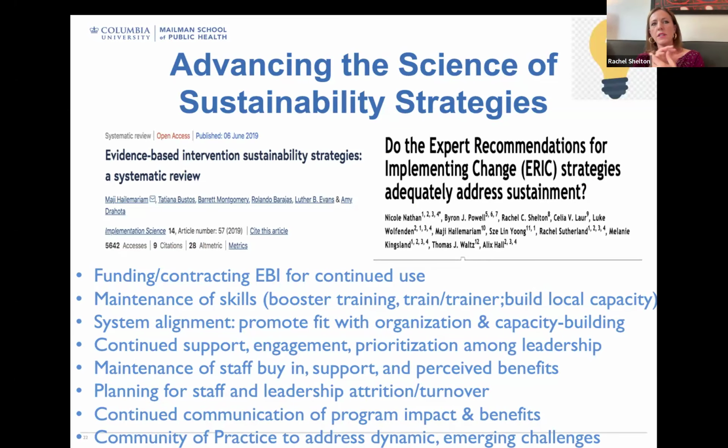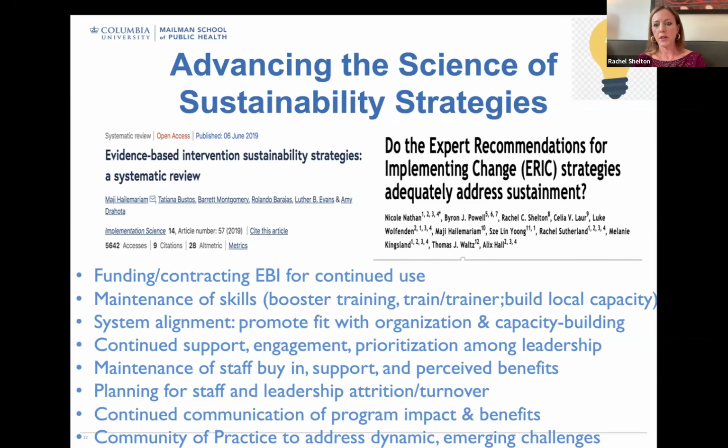We've talked a lot on our teams around maybe more shared leadership models or succession planning to help address some of those issues around attrition and what's in place when you do lose staff or there's leadership changes. So again, a lot of this literature is still emerging, but I think there are some growing lessons learned in terms of strategies we can apply to proactively address and plan for sustainability.